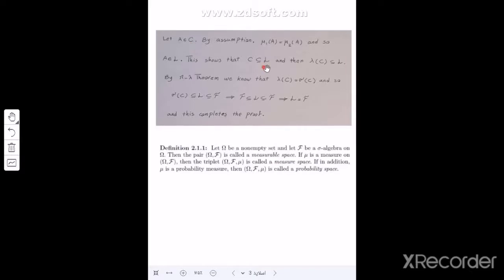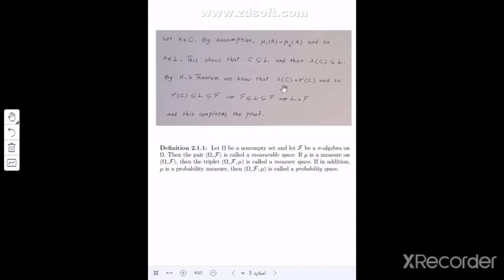By the previous exercise that I told you, which is very important, we know that lambda of C is a subset of lambda of L. Lambda of L is equal to L. By the P lambda theorem, we know that lambda of C is equal to sigma of C. Why?